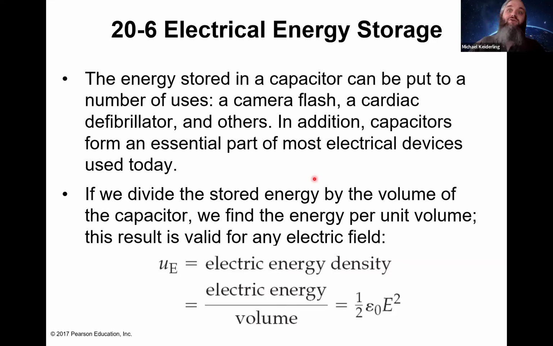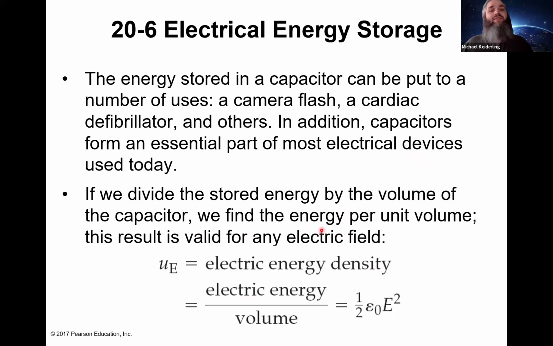And one way to do it is that you charge up a capacitor slowly from a battery, and then you output that energy very quickly through the bulb. Defibrillators use large capacitors to allow for the big shock. You charge it up slowly and then you dump all that current out quickly from the defibrillator. And pretty much all electrical devices use capacitors in some way or another. They're all over the place.